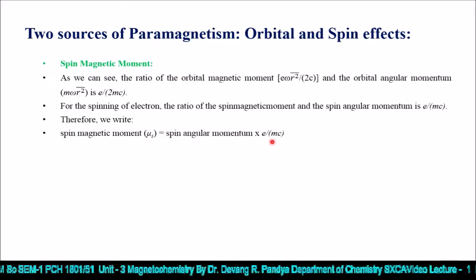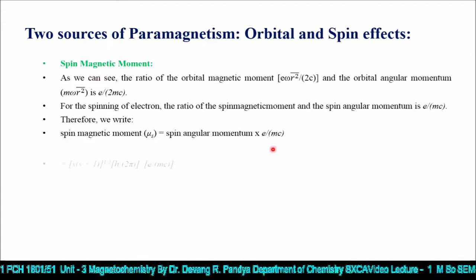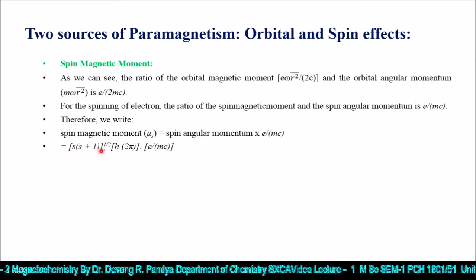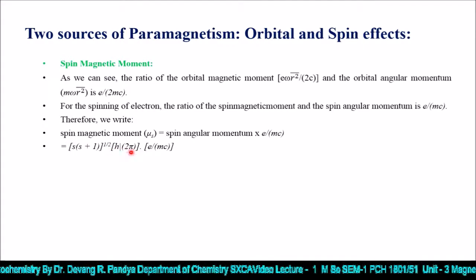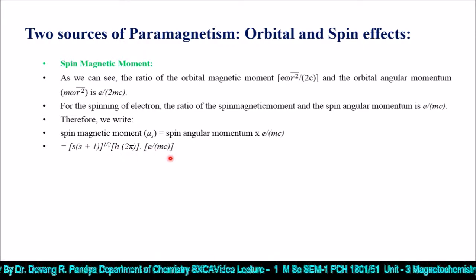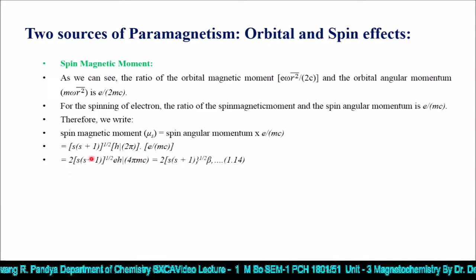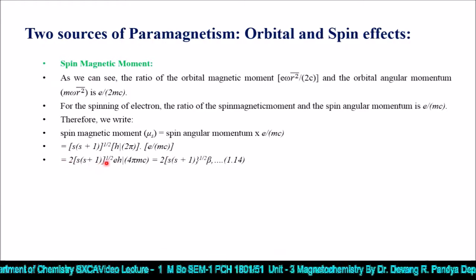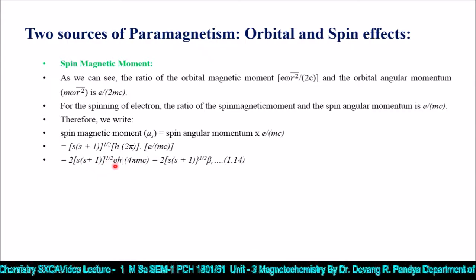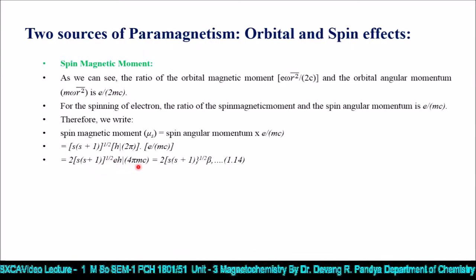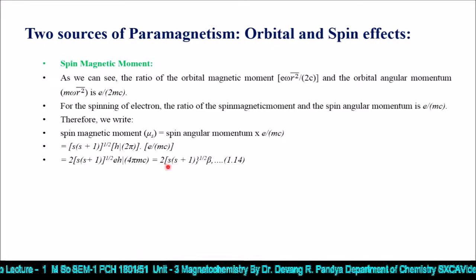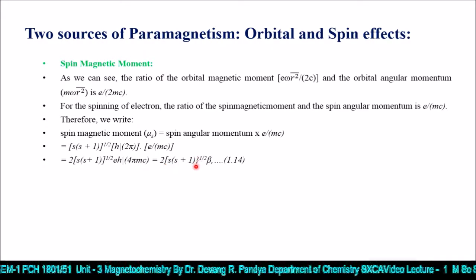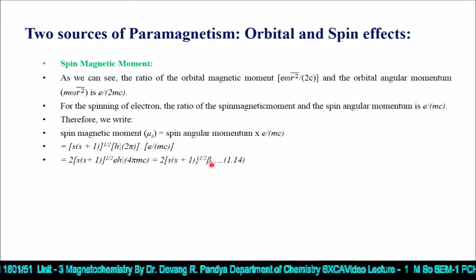angular momentum into e by m c, which is equal to s into bracket s plus 1 raised to 1 half into h upon 2 pi into e by m c, which is equal to 2 into s bracket s plus 1 bracket whole raised to 1 half into e h by 4 pi m c, which is equal to 2 into bracket s plus 1 bracket raised to 1 half into beta.